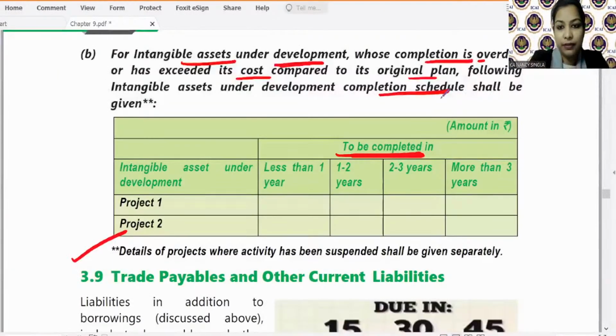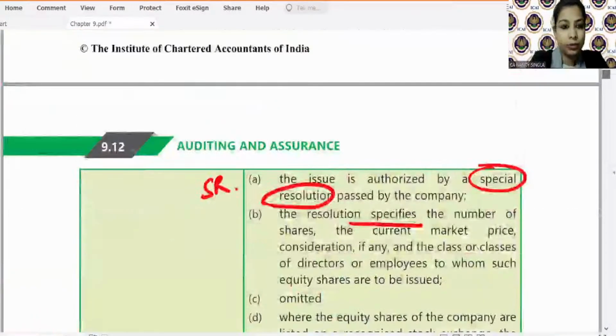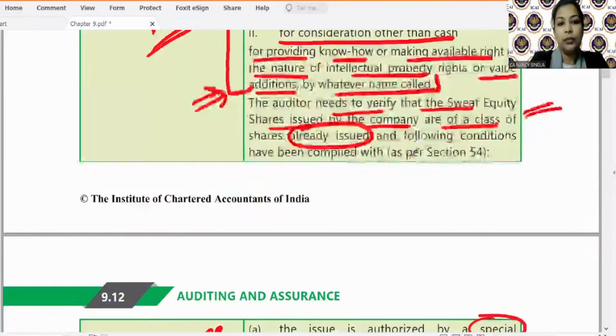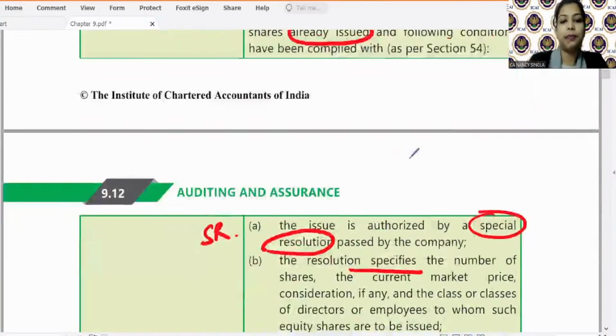See, this we have done now. Why is there so much confusion in this? This is sweat equity shares. So what was the question? So sweat equity shares में तो special resolution is required. ठीक है? Then reduction.